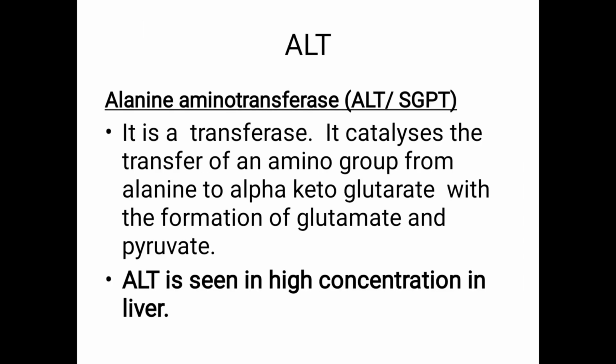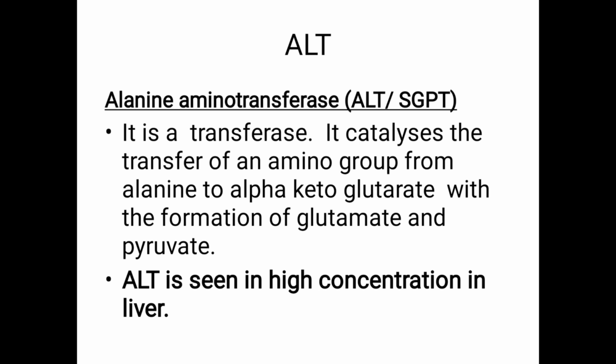ALT, I told you, both AST and ALT are aminotransferases, a transferase group of enzyme. But one thing you have to remember: ALT is seen in high concentration in the liver compared to AST. If you compare AST and ALT, ALT is particularly for the liver. That you have to remember. It catalyzes the transfer of amino group from alanine to alpha ketoglutarate with the formation of glutamate and pyruvate.